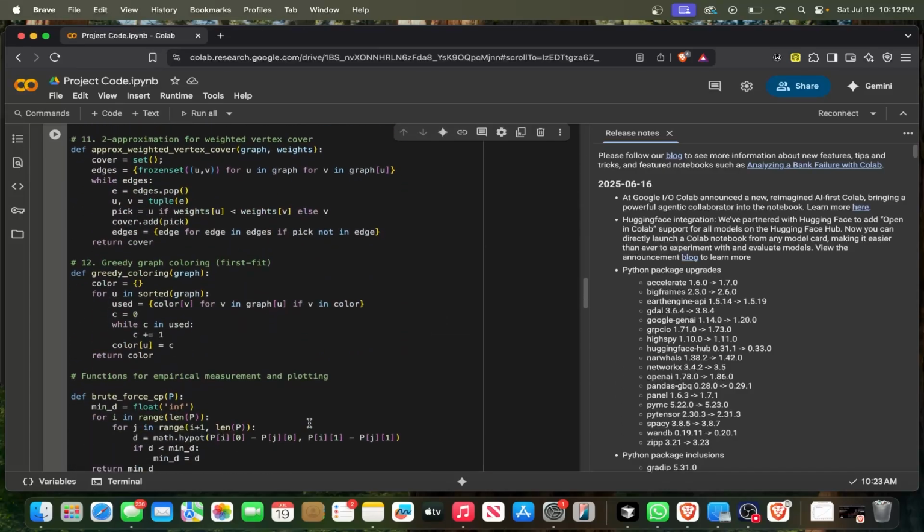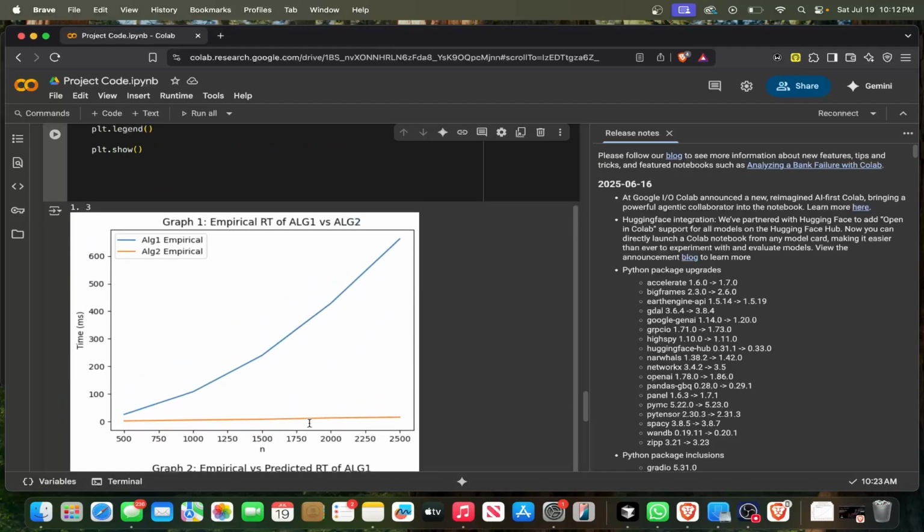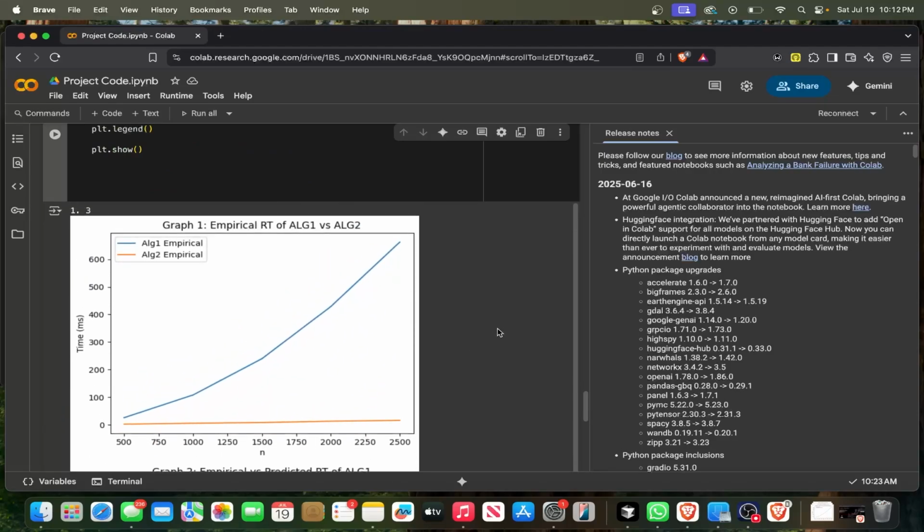The results from this experiment are as follows. In the first graph, the empirical O(n squared) versus O(n log n), the brute force curve grows way quicker and overtakes the divide and conquer curve, which remains pretty much linear on this scale.